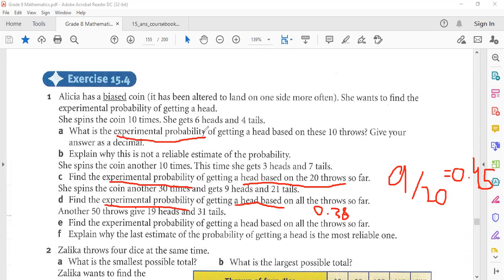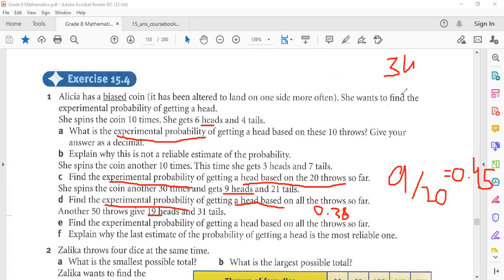Here you can see we have six heads, and here nine heads. 6 plus 9 is 15. 15 plus 19 is equal to 34. So we have a total of 34 heads.